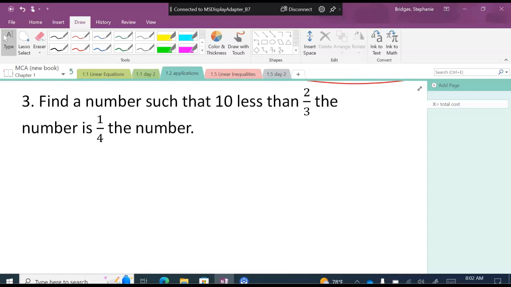Here it is. What are we looking for? What's it ask us to find? The number, right? So that's what x is going to be. x is the number. And again, I always write down what my x is representing so that when I go back and make sure my questions are answered, I can say, oh yeah, that's what x was.